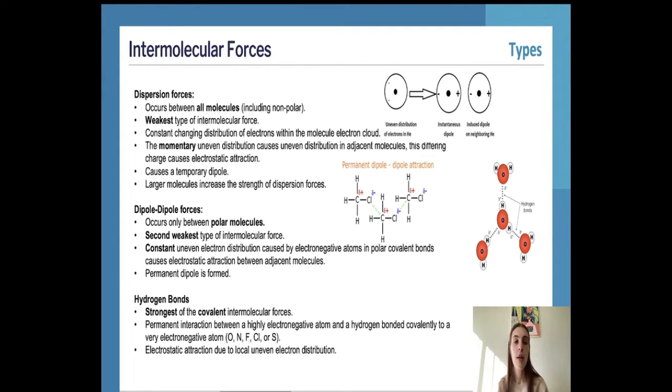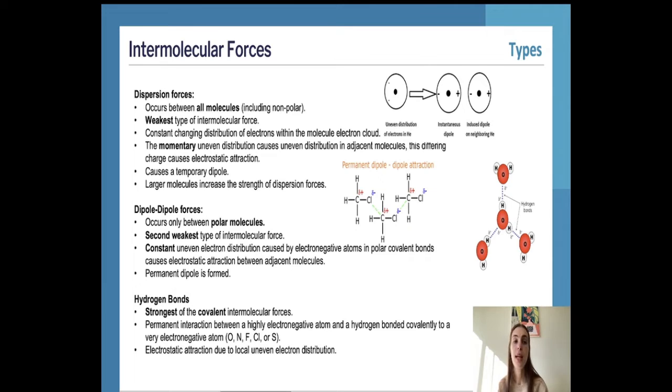And so these occur between all molecules, and so that includes non-polar molecules. So often a lot of the types of intermolecular forces are going to require polarity or at least some difference in electronegativity due to dipoles in order to have that attraction between the molecules. But with dispersion forces, these will occur between all molecules regardless of their polarity.